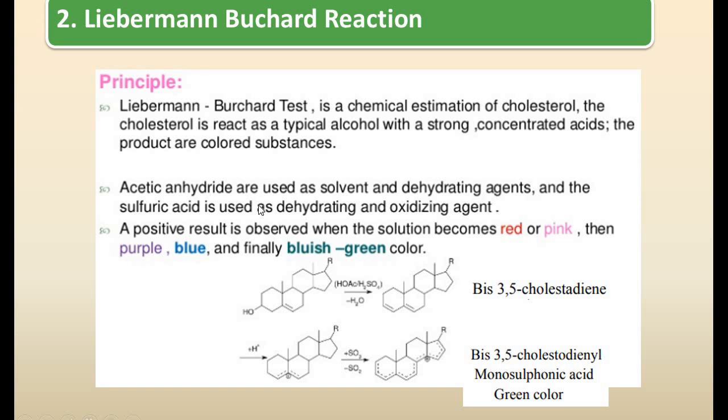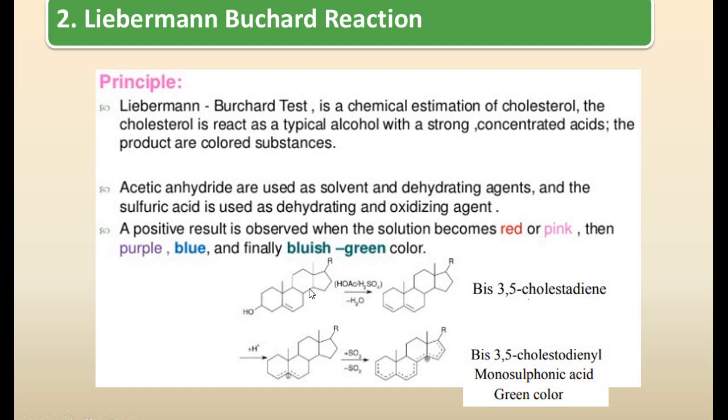Acetic anhydride is used as a solvent and dehydrating agent, and sulfuric acid is used as a dehydrating and oxidizing agent. A positive result is observed when the solution becomes red or pink, then purple, blue and finally bluish green in color. So this is the chemical reaction showing the Lieberman-Burchard reaction.